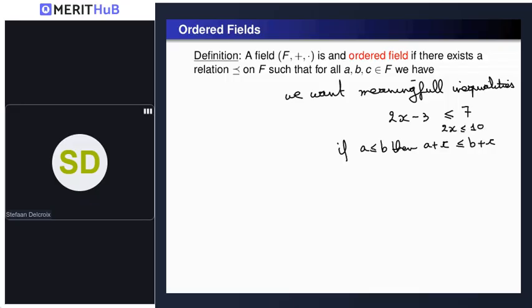And then you divide by 2. Let's say for a second that we don't know how to divide by 2. Dividing by 2 is the same as multiplying by a half. Now, when do I have to be careful when I multiply both sides of an inequality by a number?